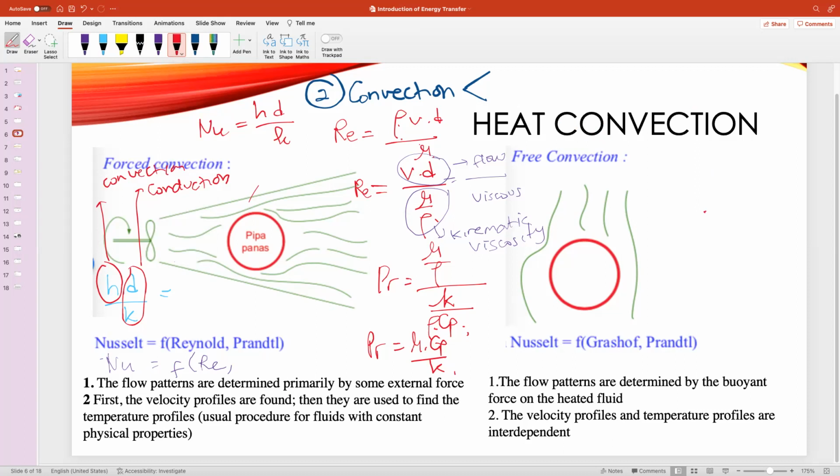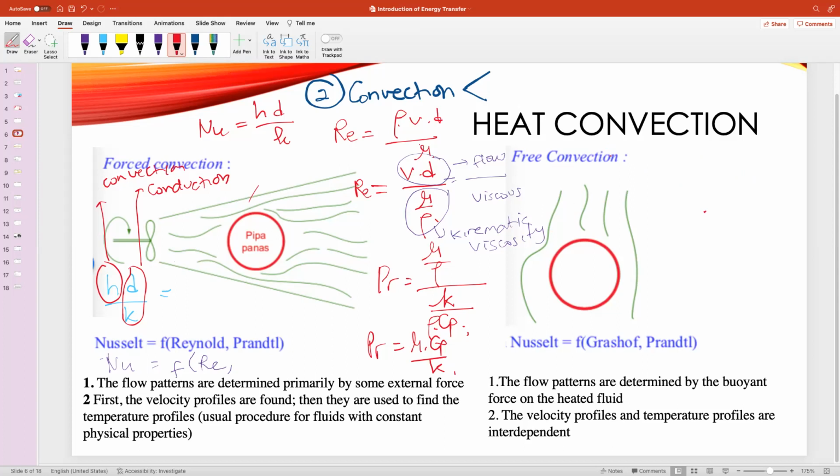Usually the exam will always have forced convection examples, while free convection is only for our understanding of the concept. How to derive it mathematically, and sometimes the numerical correlation, we'll see.